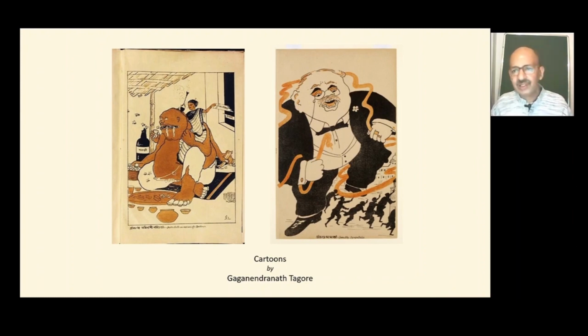For example, if we quickly look at the one at your right, where you can see a big fat man with a black coat trying to stomp rather, the people, small little black silhouette people underneath his left feet.